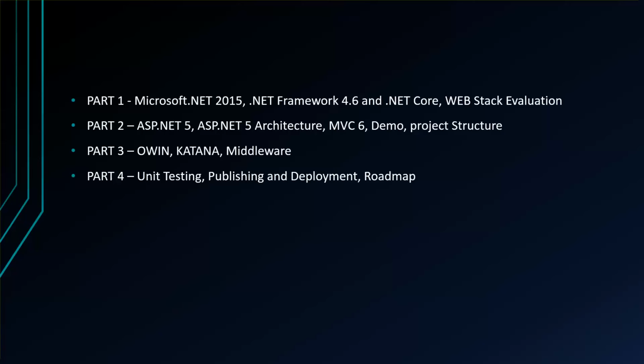Part 3 contains middleware about OWIN and Katana, and how it has been implemented in MVC and ASP.NET 5. And part 4 covers unit testing, publishing and deployment. Finally, we end up with the roadmap.